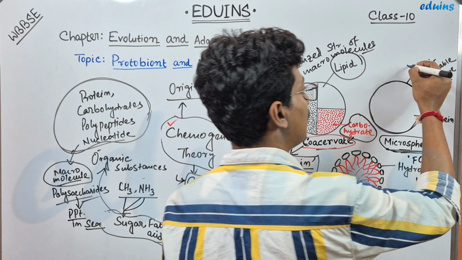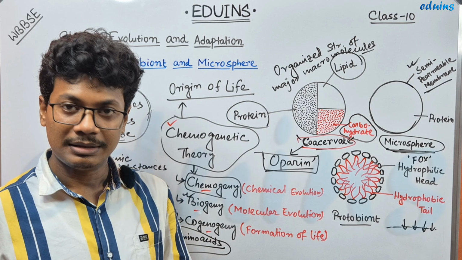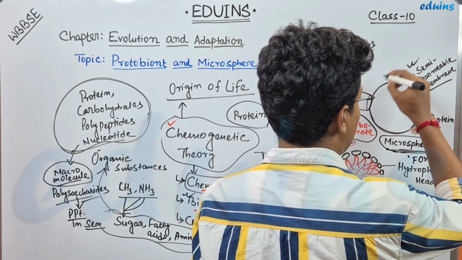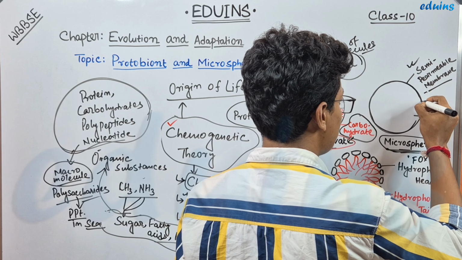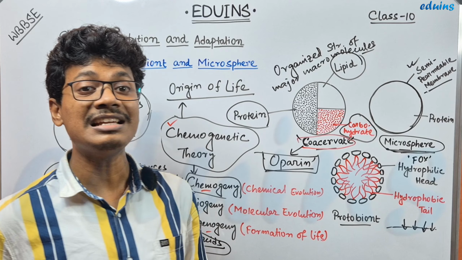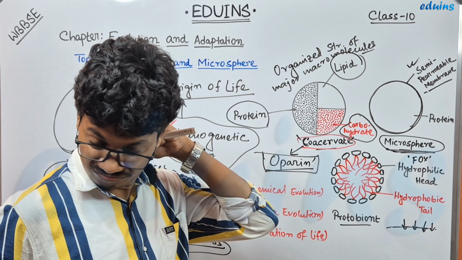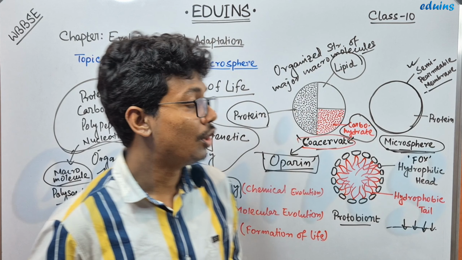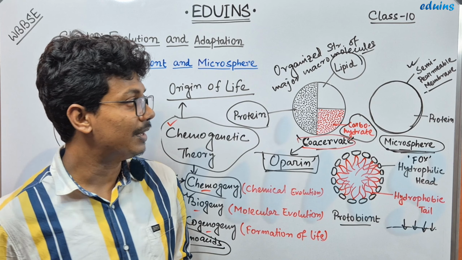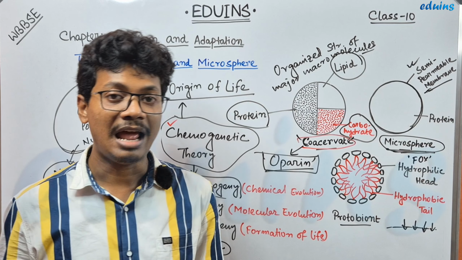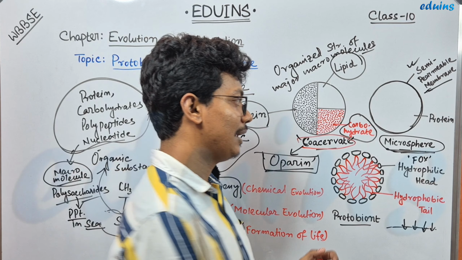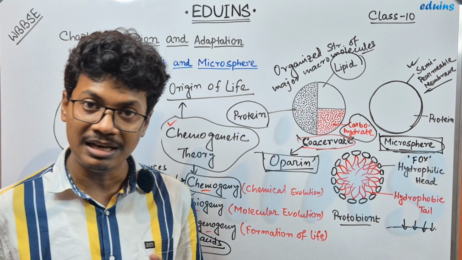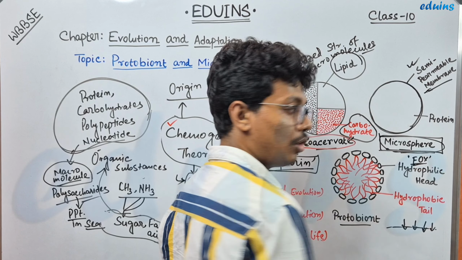These membranes are known as semi-permeable membranes, like our plasma membrane or cell membrane. Inside the semi-permeable membrane, there is a proteinous structure. This is known as the microsphere, the primitive cell coined by Fox.